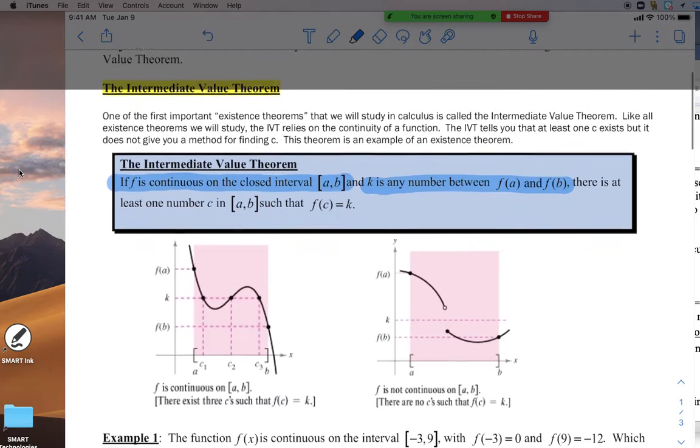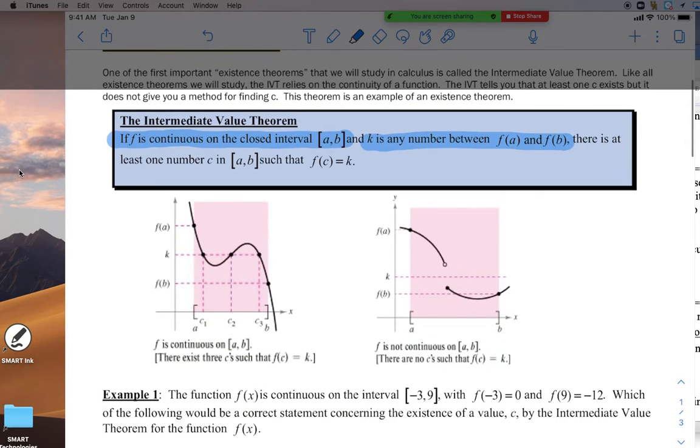All right, so if you look here, I have F is continuous from A to B. F is continuous on the interval from X is A to B. The Y value is continuous.